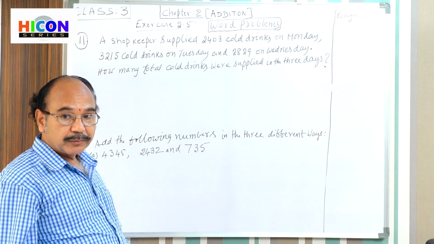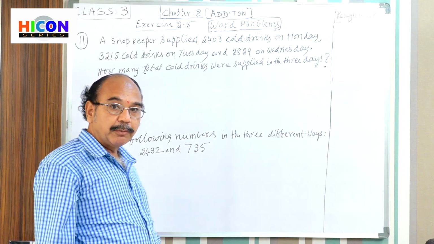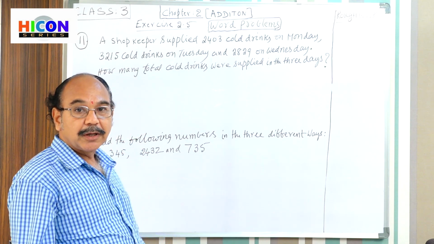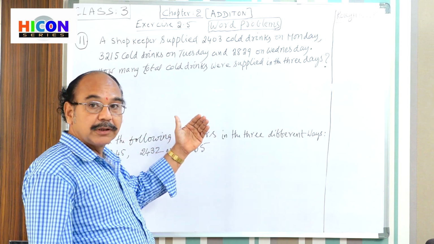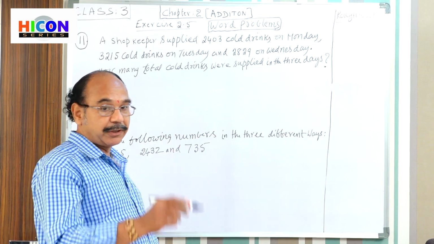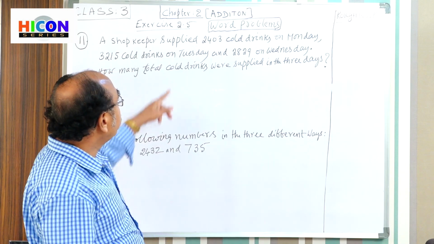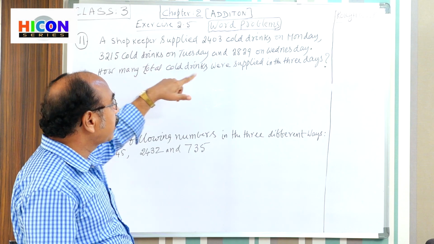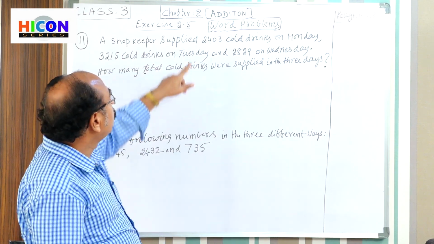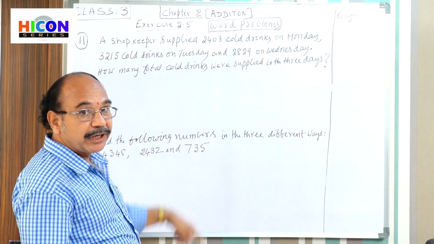That is the problem. Now, problem reading is completed. After completion of the problem reading, what is given? You write it as step one. How many cold drinks were supplied by the shopkeeper on Monday? 2,403. That we write first.